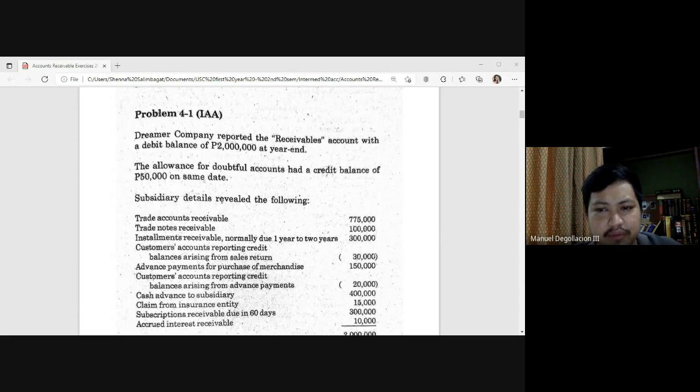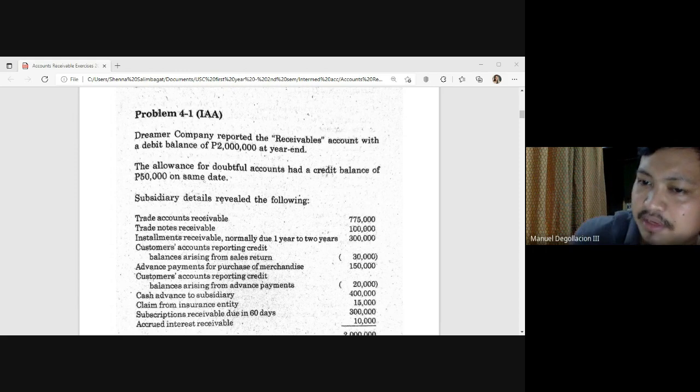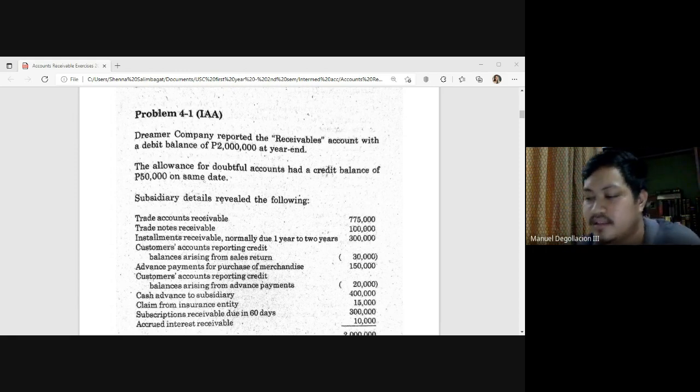Your non-trade receivables, class, will be classified as either a current or non-current asset, depending on the period of realization. But your accounts receivable and your trade receivables will normally be classified as a current asset.